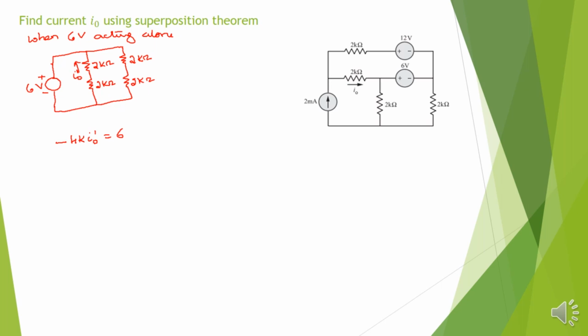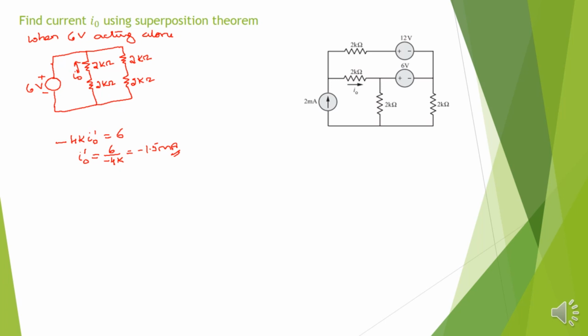So according to the current and path direction, minus 4k I naught dash, based on this path, it is 6 volt. So I naught dash equal to 6 by minus 4k. That means minus 1.5 milliamps. So I naught dash is minus 1.5 milliamps.